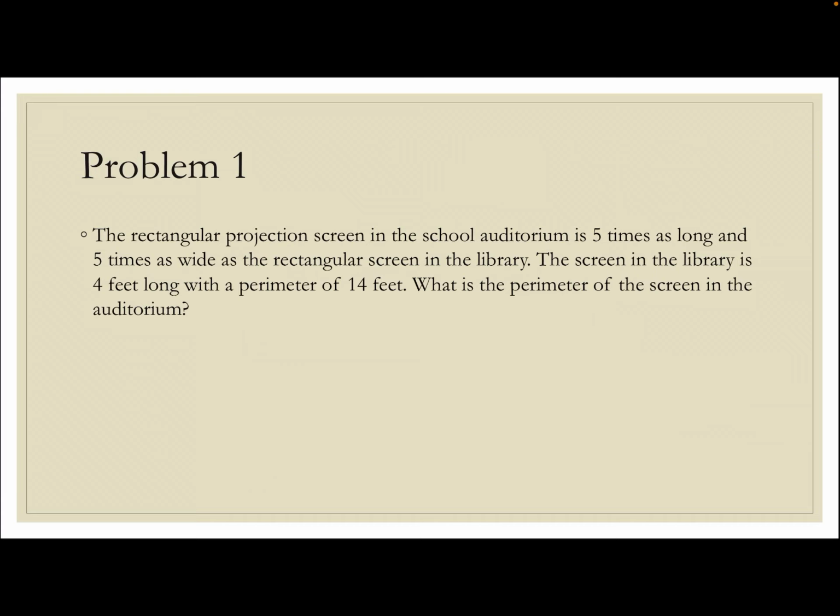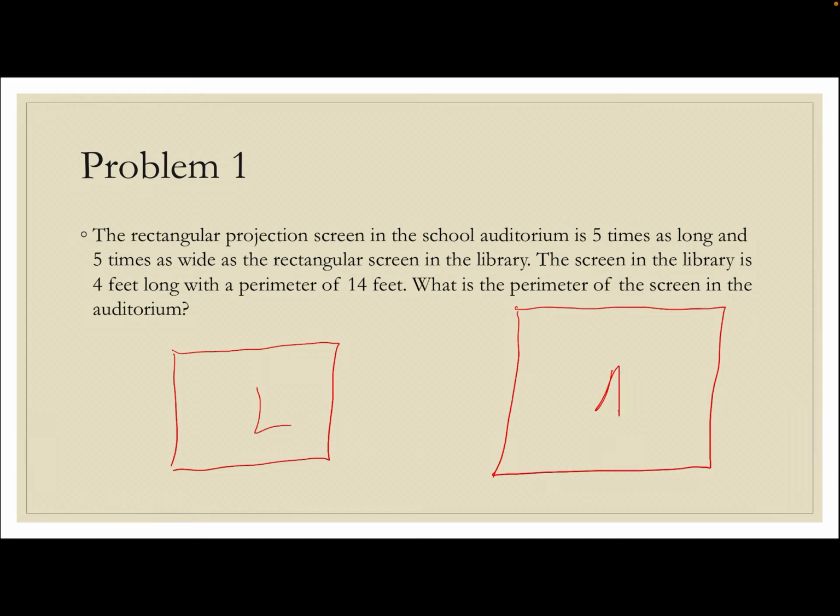All right, so for this problem, we've got 2 screens. We've got the library, and we've got the much bigger screen in the auditorium. In the library, it says that it is 4 feet long, and it has a perimeter of 14 feet. For the auditorium, we know that it's 5 times as long and 5 times as wide.